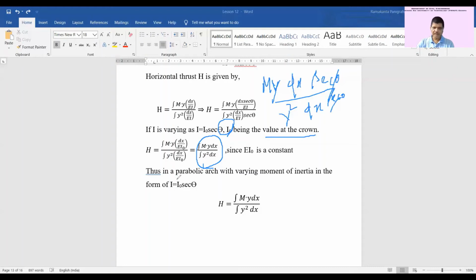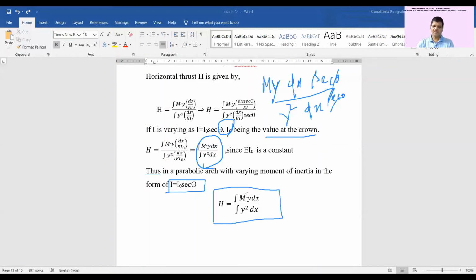So in the case of parabolic arches with varying moment of inertia in the form I is equal to I0 sec theta, where I0 is the moment of inertia at the crown, you can find that h is equal to the integral of M' y dx over the integral of y square dx.